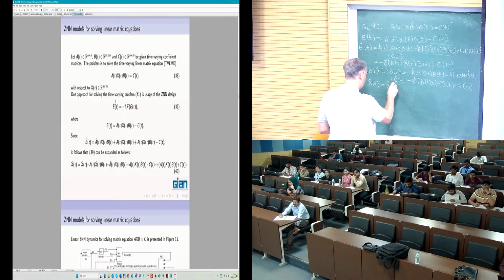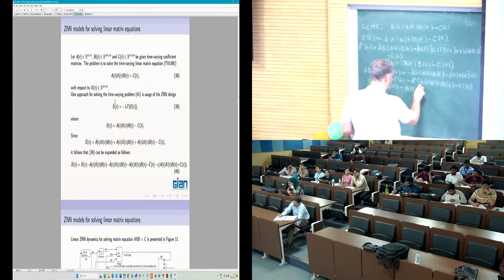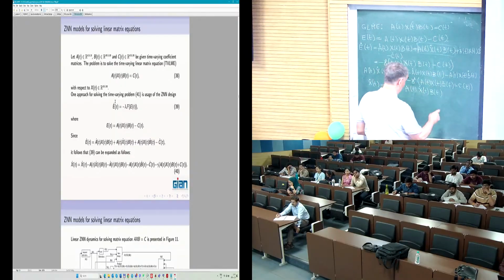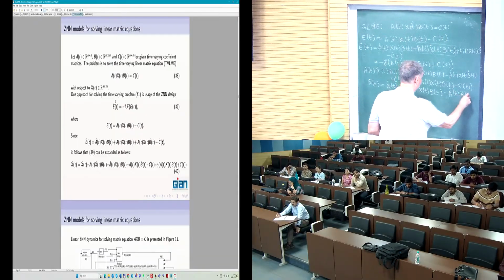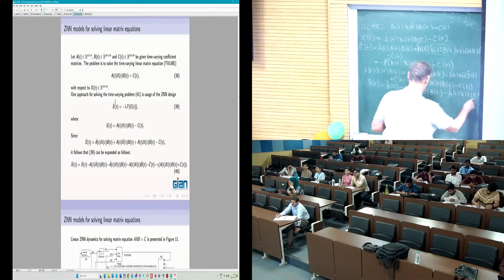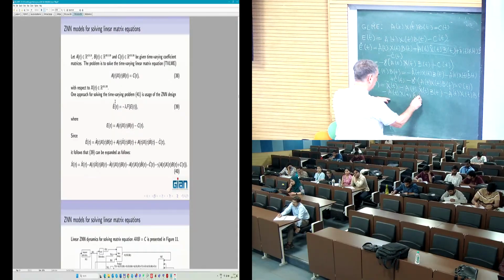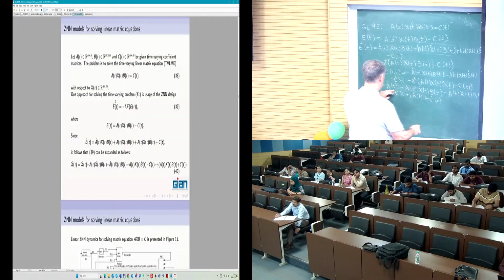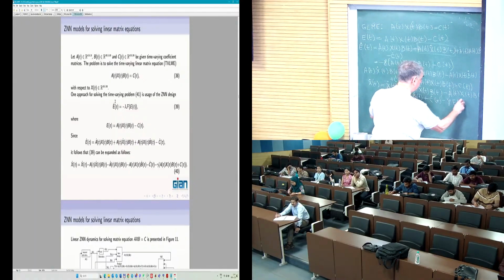Independently, X dot of t minus A of t, X dot of t, B of t, and then all the other terms: minus A dot of t, X of t, B of t, one row more, minus A of t, X of t, B dot of t, plus C dot of t, minus gamma E of t.